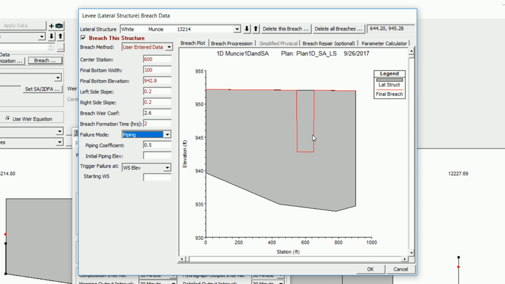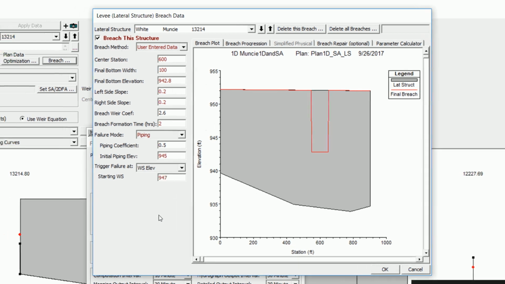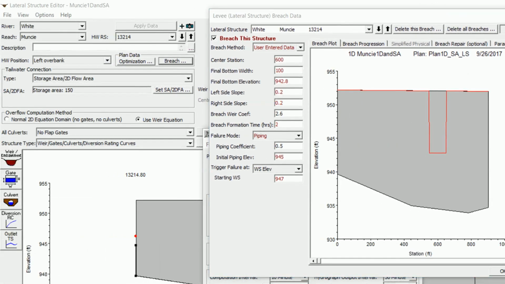So if you put all this data, did you put all this data? Can you please type it in your breaching?